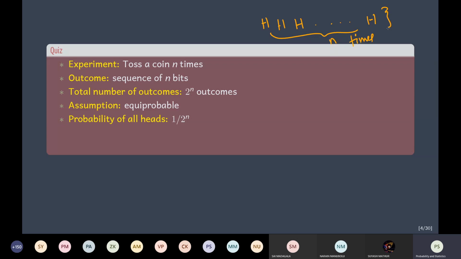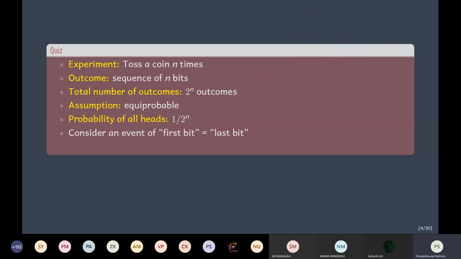So if we define the event as the set of all heads, the probability of this event, where you get exactly all heads, is: there is only one such case, and the total number of outcomes we had was 2 to the n. So this is why I have 1 divided by 2 to the n.